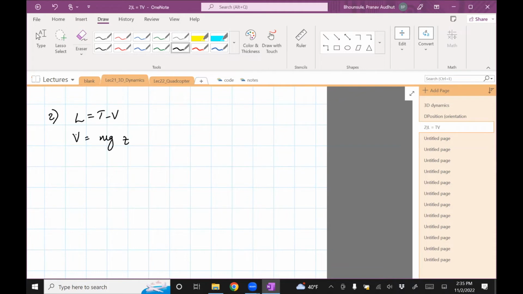I'll just put z because z is the direction in which gravity acts, and since z defines the global or world z, I can just put z. Then T, the kinetic energy, is half m times x dot squared plus y dot squared plus z dot squared.